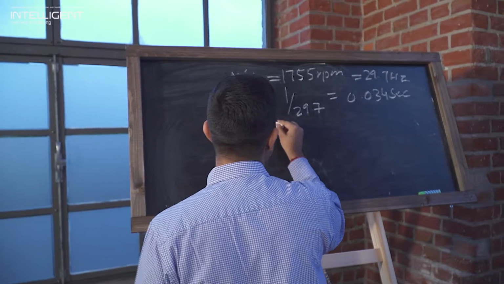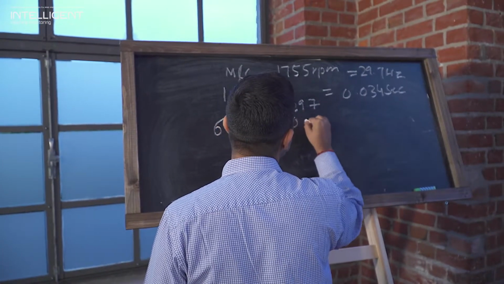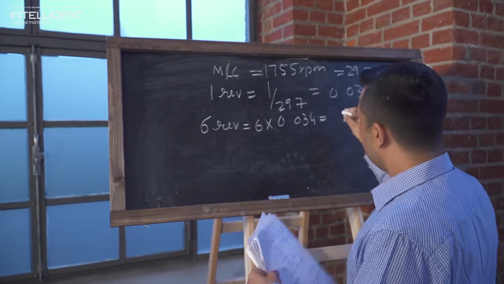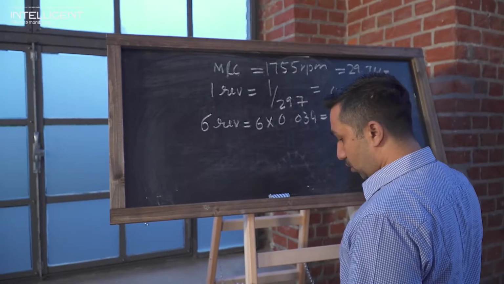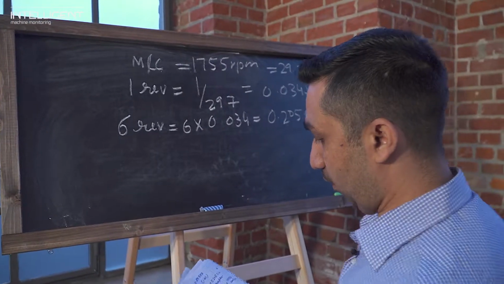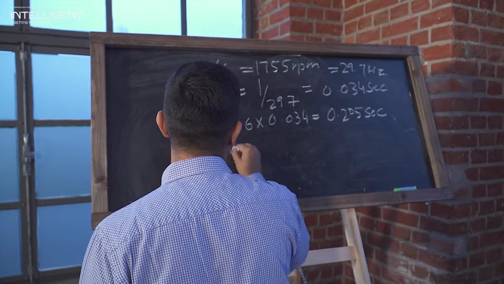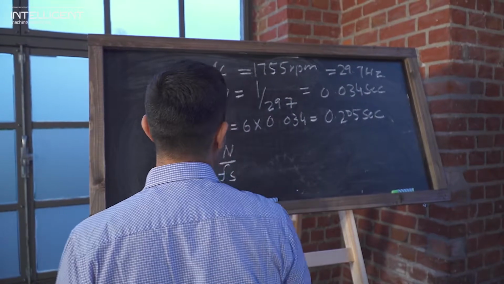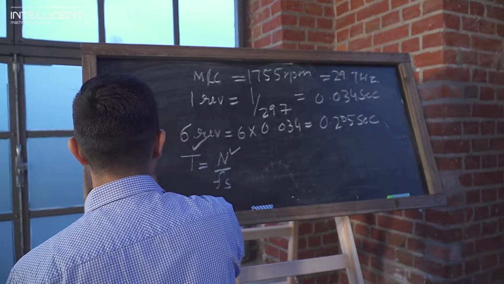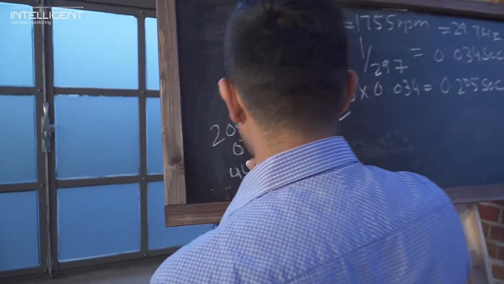So, how much time do you need to capture 6 revolutions? 6 multiplied by 0.034 seconds. So it ends up with 0.205 seconds. Okay, correct. What is the formula? The formula says T is equal to N by Fs. So you have the time, you have the number of samples, as we said it is 2048 or 4096.